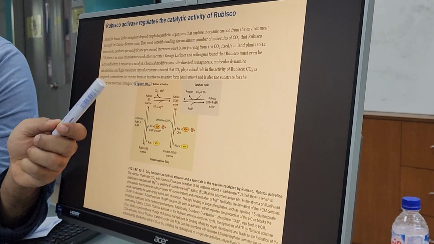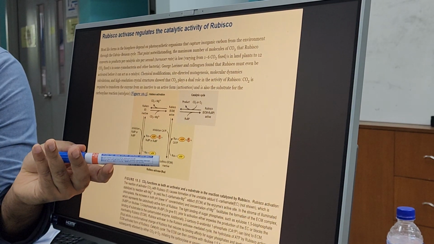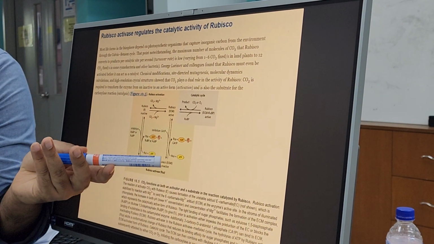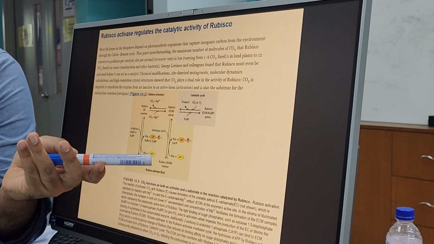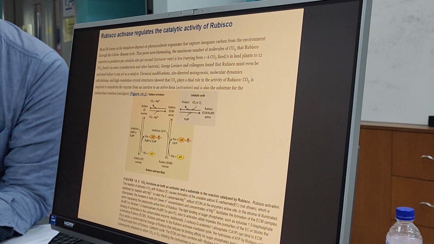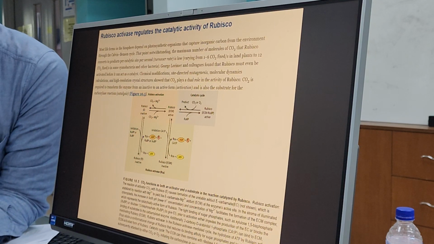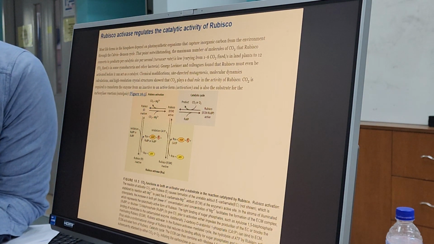So coming back to here, Rubisco can become inactive again. However, this can be reversed by Rubisco activase, right? So what is the function of Rubisco activase? With the help of ATP, it removes the unneeded sugar from the Rubisco. What sugar?